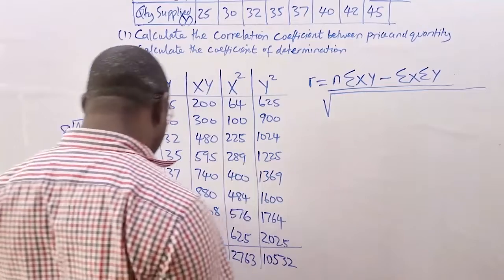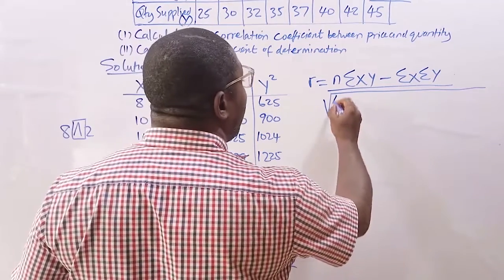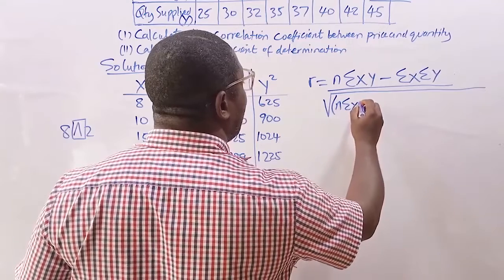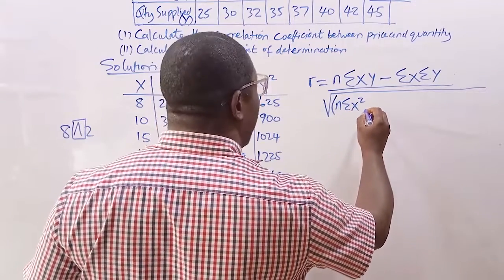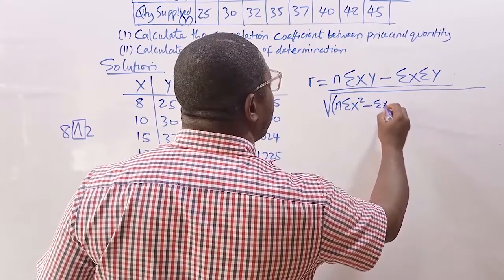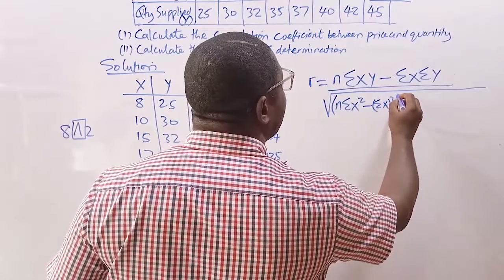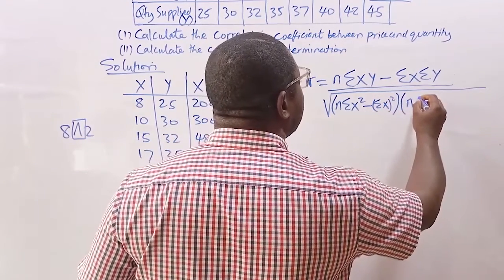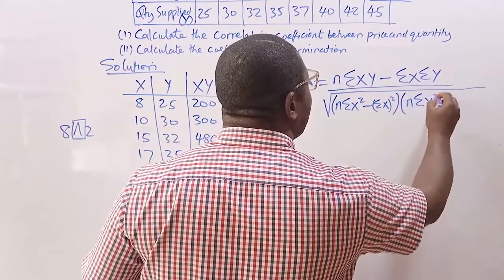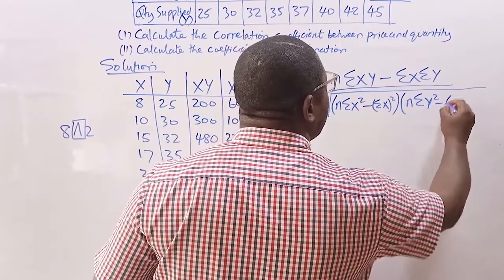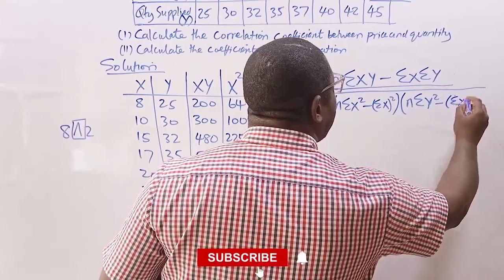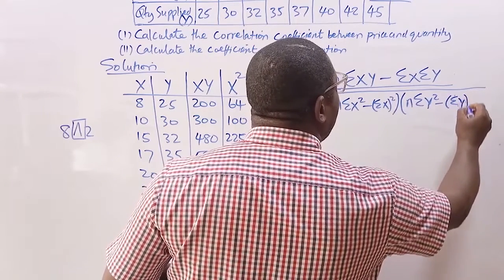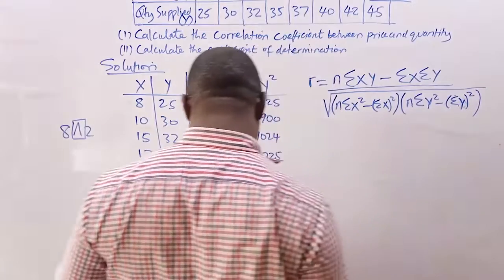We have a long square root to deal with: n summation x squared minus summation x all squared, close the brackets, times n summation y squared minus summation y all squared, and close the brackets.